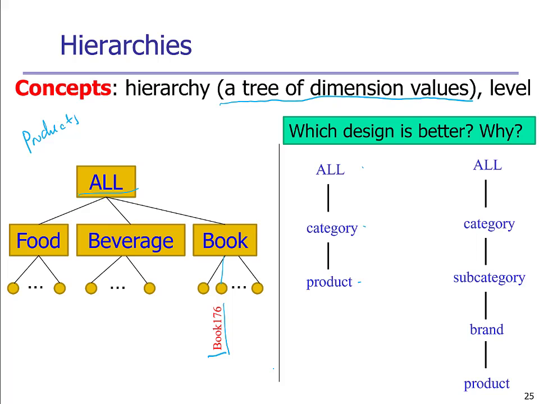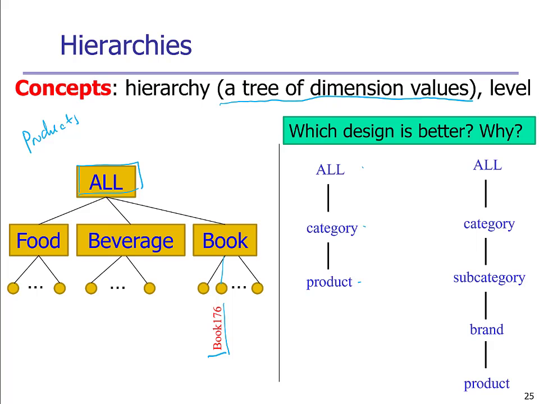The next part is about the highest level, all. A good thing about this data cube is that with this kind of hierarchy structure, we can expand the data cubes to support different kinds of needs.